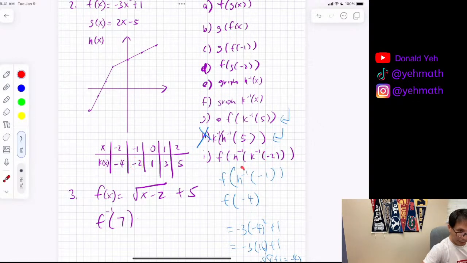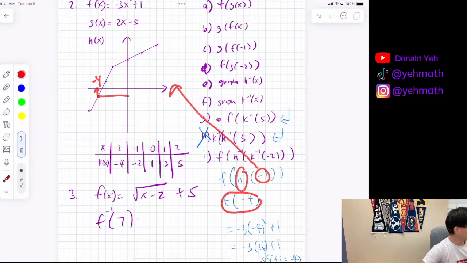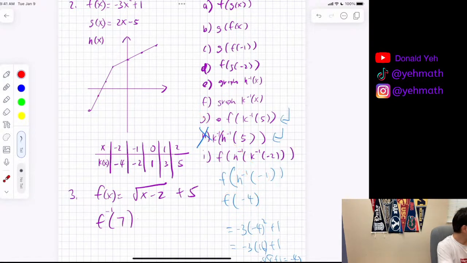So then you're going to figure out H inverse of -1. Does that make sense? And then I'm going to go to H. Now, instead of looking at X equal to -1, I'm looking at Y is -1, which is right here. Now, if you track it back, that's going to be -4. So that's F of -4. And the rest of them just plug in. Does that make sense? Anybody need help with that?